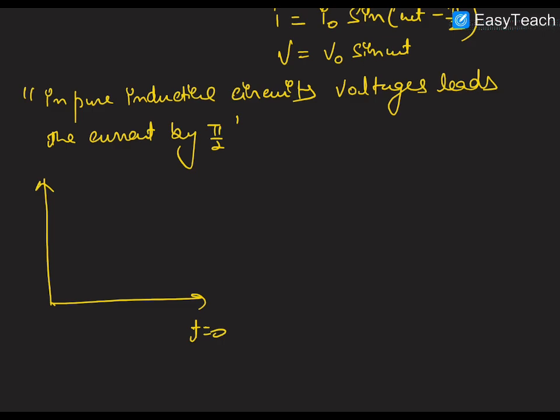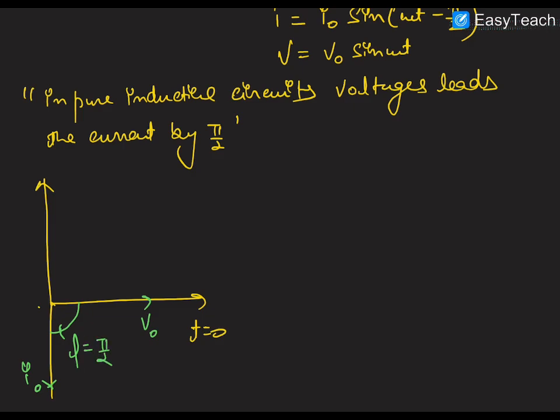So I can write the voltage on the x-axis, and obviously the current has an initial phase of minus pi by 2 at t equal to 0. So I'll be drawing the current on the negative y-axis. This phasor diagram clearly represents that current is behind the voltage by pi by 2.